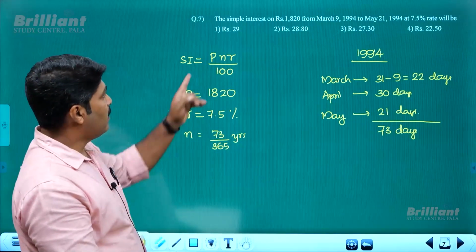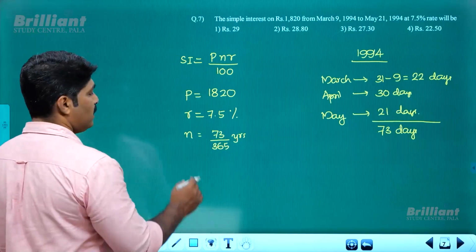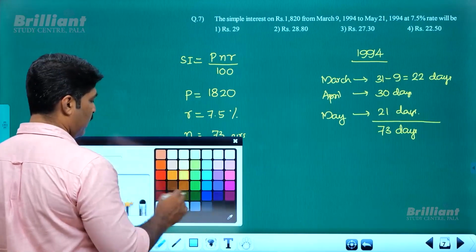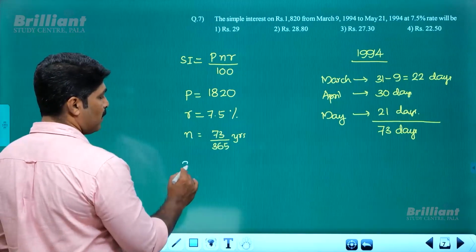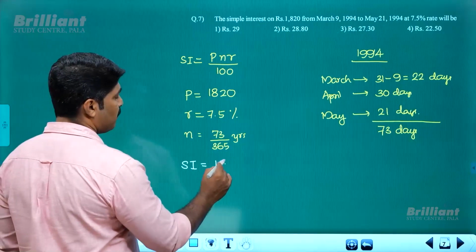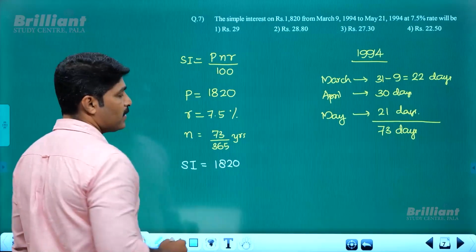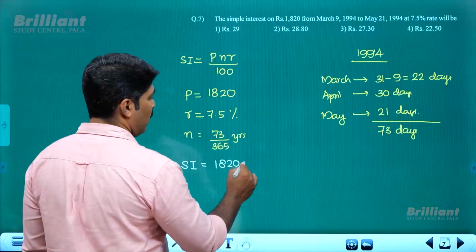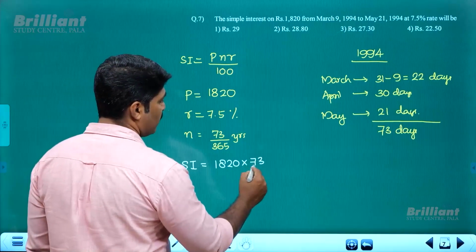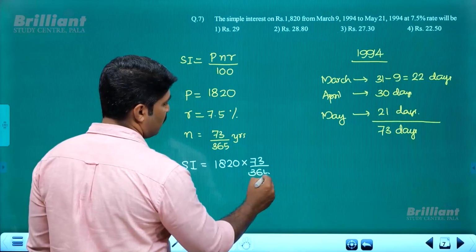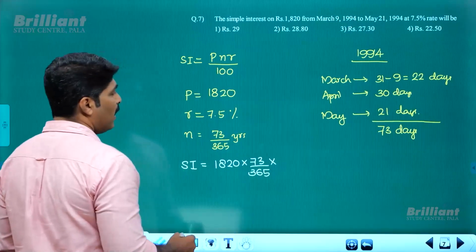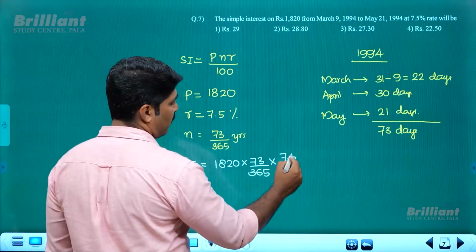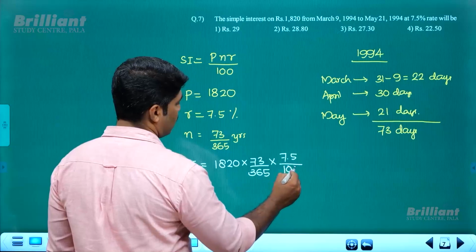Then we apply this result for simple interest. Therefore, simple interest is equal to 1820 into n, that means 73 by 365, into r, 7.5 by 100.